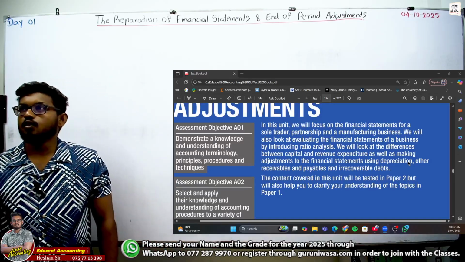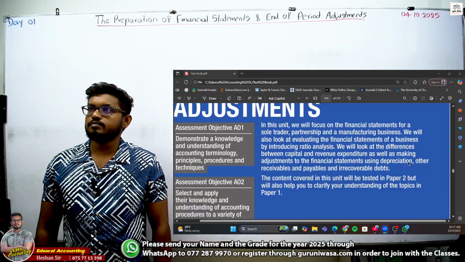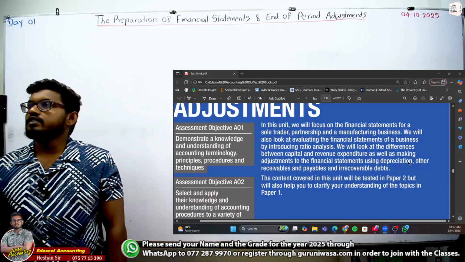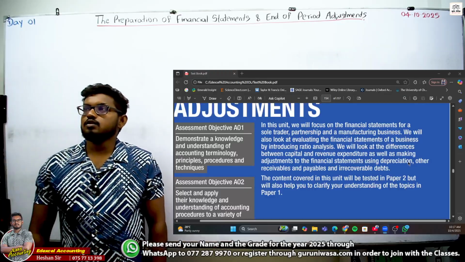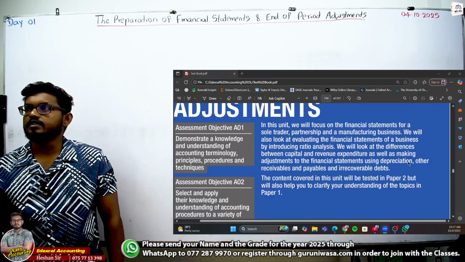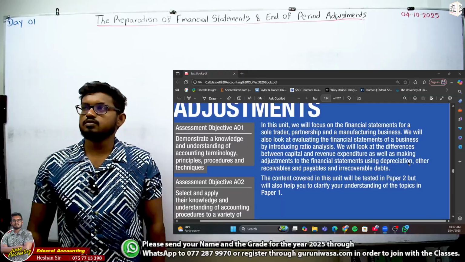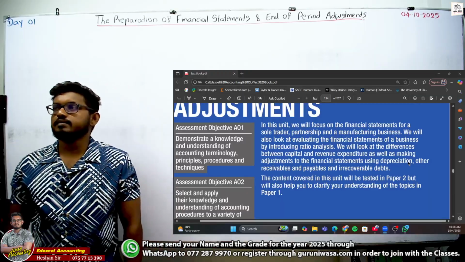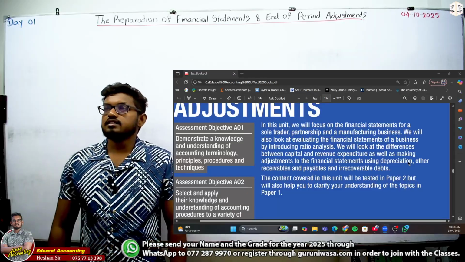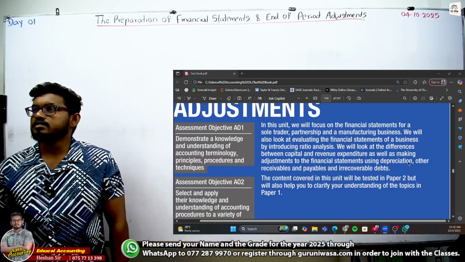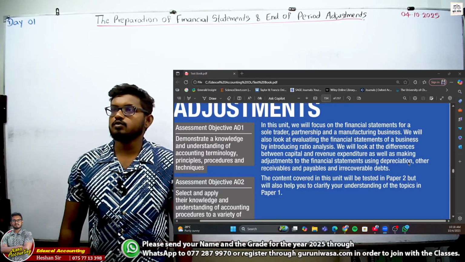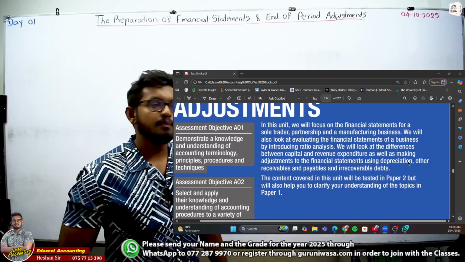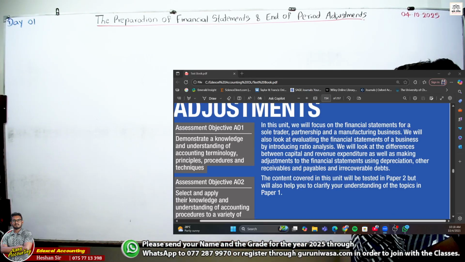We will also look at evaluating the financial statements by introducing ratio analysis. We will look at the differences between capital and revenue expenditure, as well as making adjustments to the financial statements using depreciation, other receivables, payables and irrecoverable debts. The content covered in this unit will be tested in paper 2, but will also help you to clarify and understand the topics in paper 1.